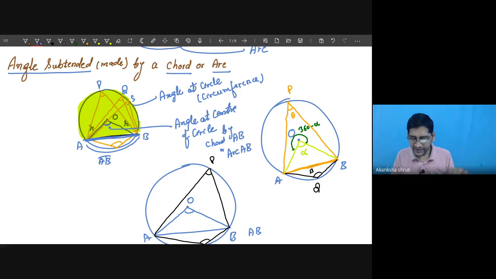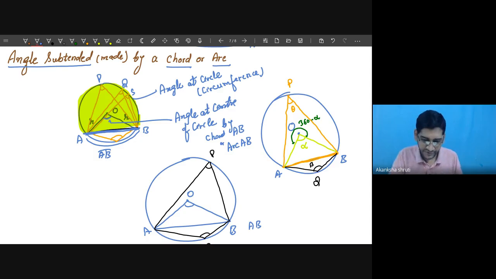So this way different angles are formed. Then what is the relation between the angle formed by a chord or an arc at the center and at the circumference? I will just write the relation. Detailed proof is not required for you.